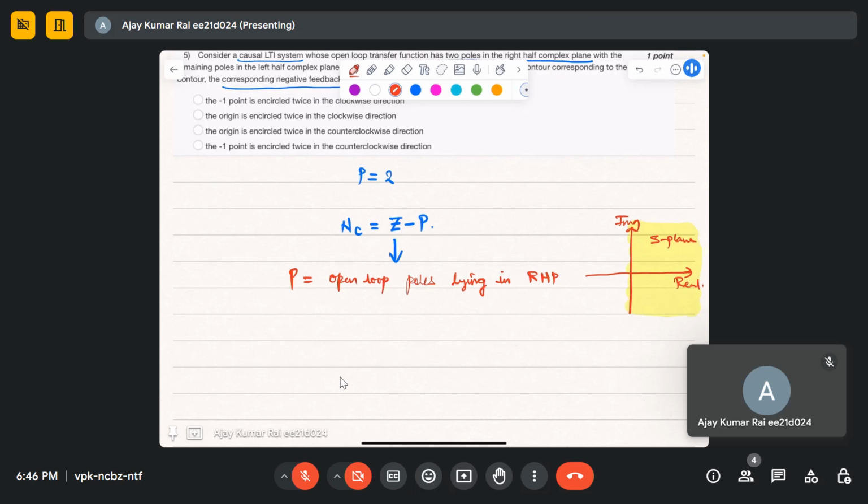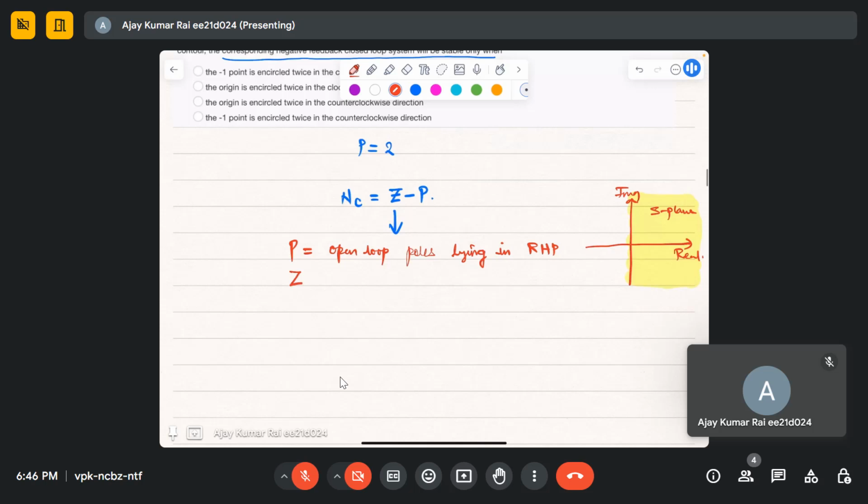For the stability of the closed loop transfer function, we want to avoid the poles in this plane. So P is open loop poles lying in RHP, and what is Z? Z is the number of closed loop poles lying in the right half plane.